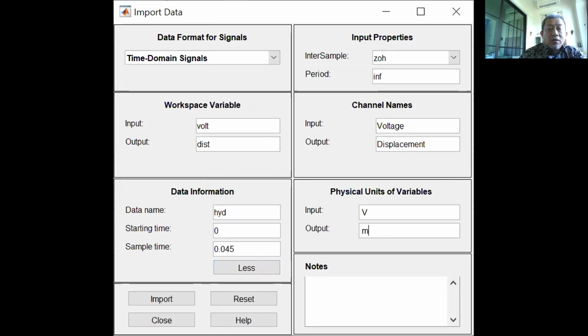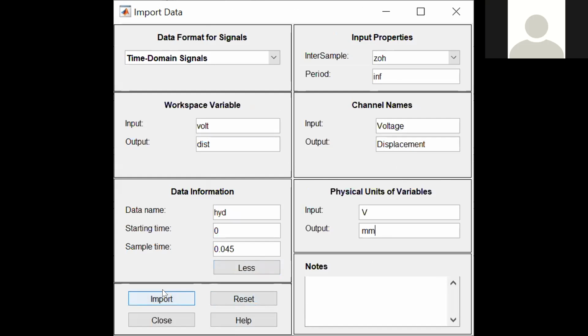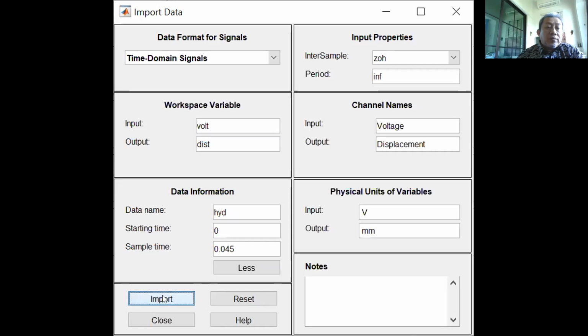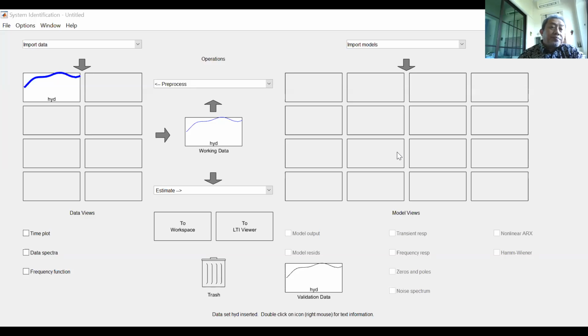Yang outputnya adalah mm, millimeter. Dan kita import. Bila dah import, kita tutup. Okay, nampak tak HYD tu? Dan bawah ni ada time plot, data spectra and frequency function.